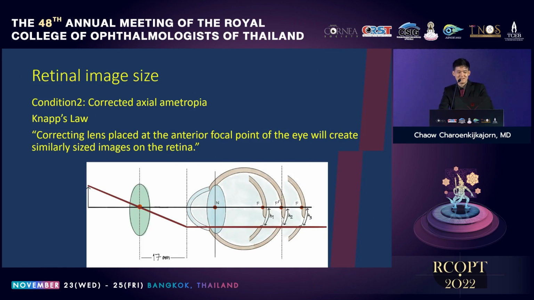It states that if we place a correcting lens at the anterior focal point of the eye, which is 17 millimeters in front of the cornea, that Dr. Sweet just mentioned earlier about the reduced schematic eye, it will produce an image that has the same size regardless of the axial length. You can see in this diagram that if we place the lens 17 millimeters in front of the eye, no matter whether the eye is short or long, it will always produce the same size image.